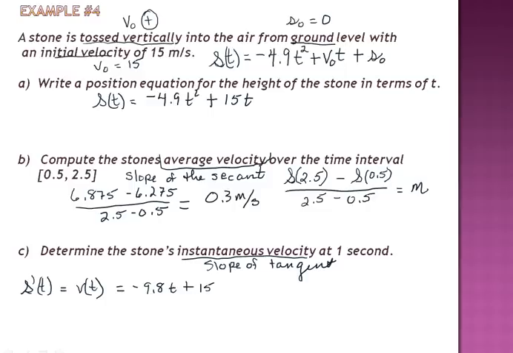So negative 9.8 t plus 15. Then I plug in S prime of 1 is equal to negative 9.8 times 1, negative 9.8, plus 15, and I get 5.2 meters per second.